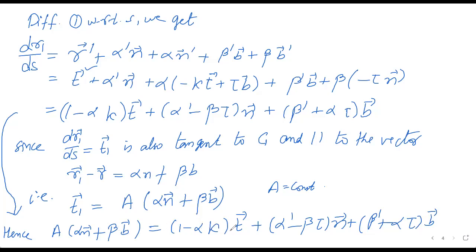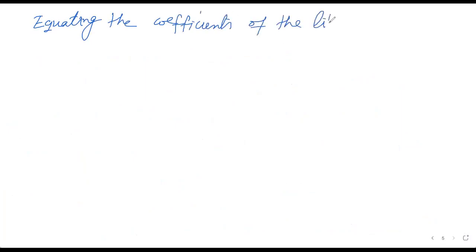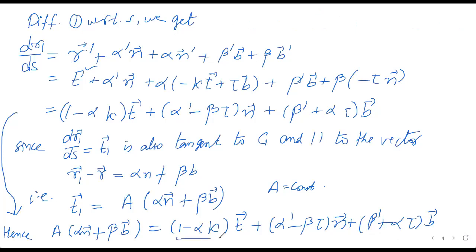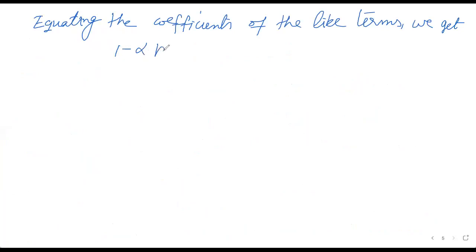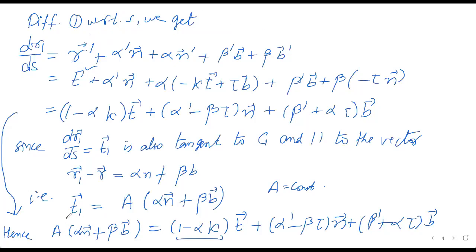t का टर्म यहाँ पे 0 है देखिए, n के coefficients को करेंगे और b के coefficients को, because I want to find alpha beta. So equating the coefficients of the like terms we get, देखिए, coefficient of t is how much? 1 minus alpha kappa, and coefficient of t in left hand side how much? कितना है? 0. इसमें t का टर्म है ही नहीं.